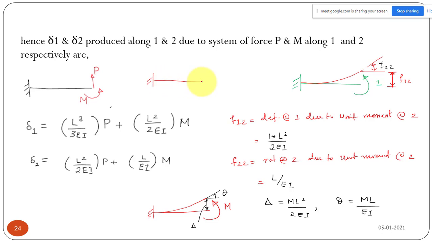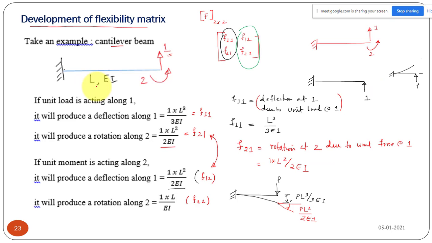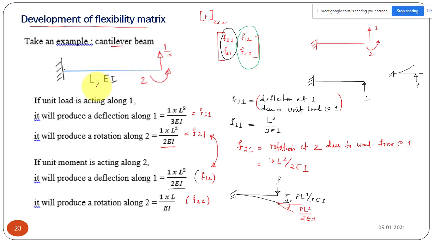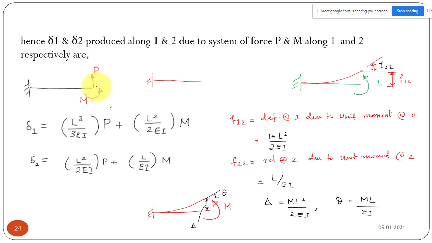Okay, so this is my structure. Let us say P is the force acting at the free end, and I am also applying a moment at the free end. Due to this load there can be some deflection delta 1, and there can be some rotation also, that is delta 2.